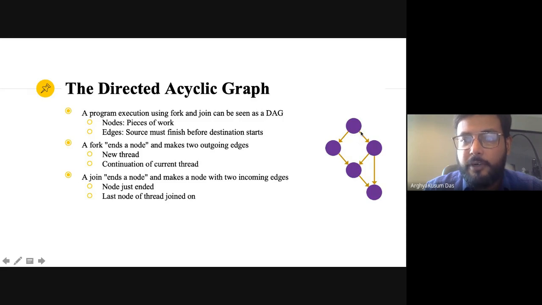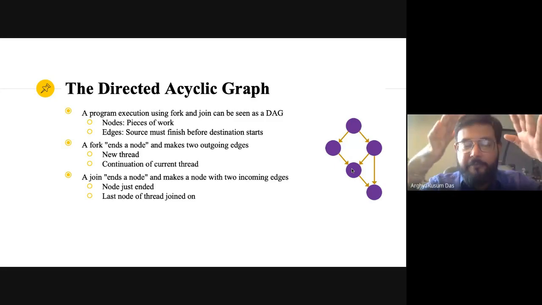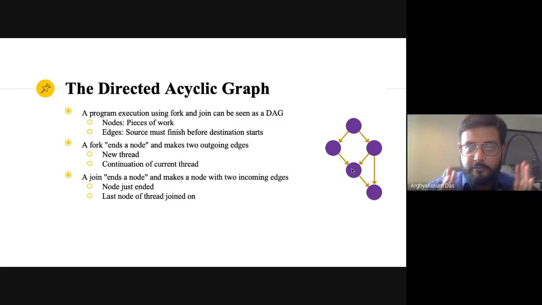Whenever this parent is having two outgoing edges, that means fork, creating the threads, and whenever two edges are joining in a node, that is join, meaning the end of the threads. All right, so that's how you can visualize and draw the structure of your multi-threaded program for your multi-core computation.